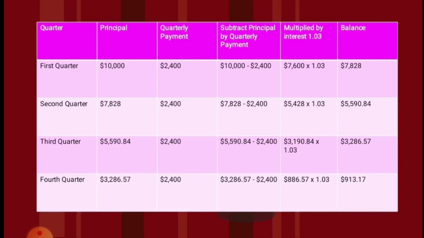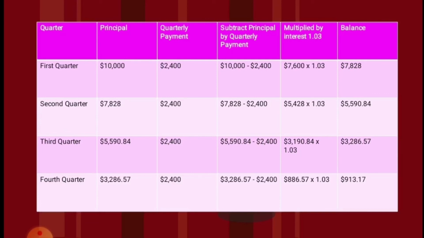So $5,590.84, we subtract it again by the quarterly payment, which is 2,400. So by subtracting, we get a difference of 3,190.84, as you can see in the fifth column.